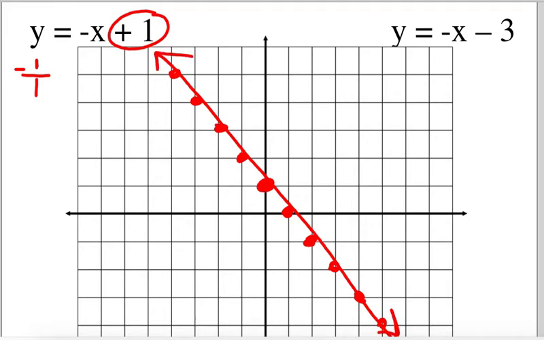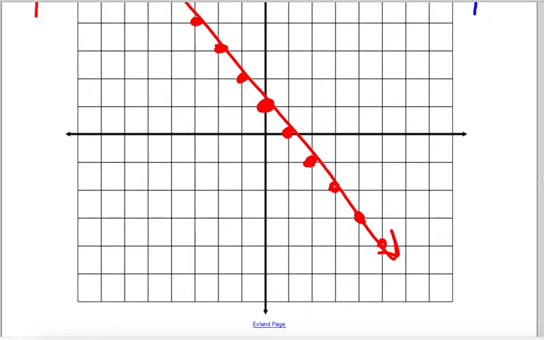All right? Next equation, y equals negative x minus 3. Again, that's negative 1 over 1, really, right there. And an intercept of negative 3. Where's negative 3? Right here. Slope of negative 1 over 1. Remember, this is the easy one. It just goes right through these diagonal corners.